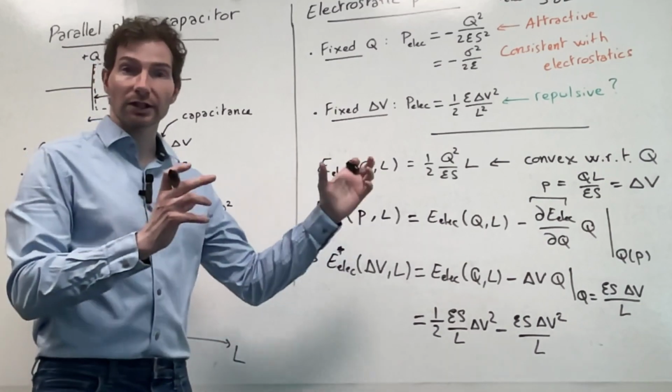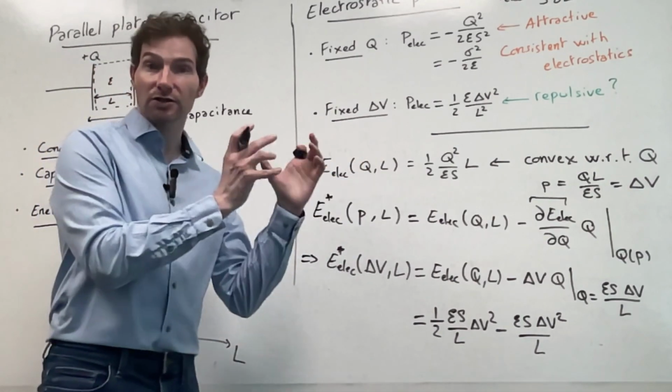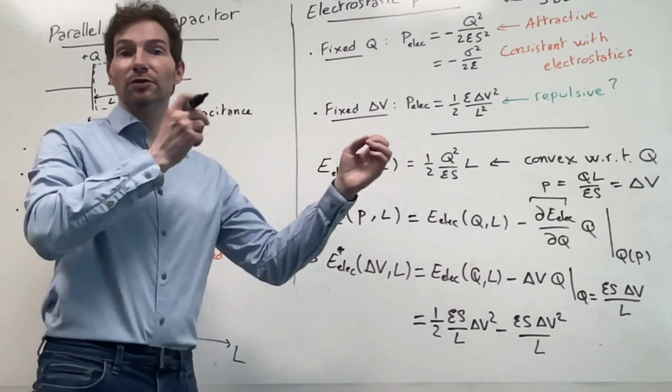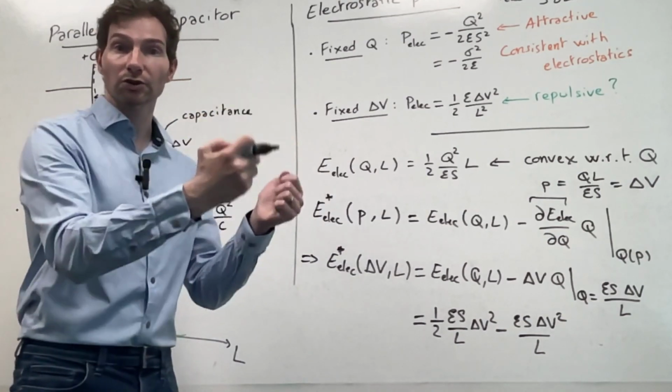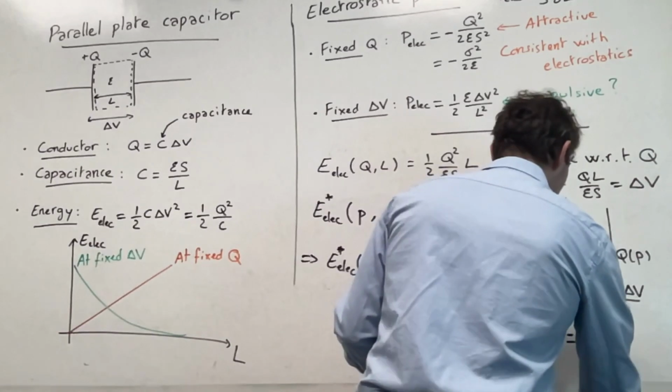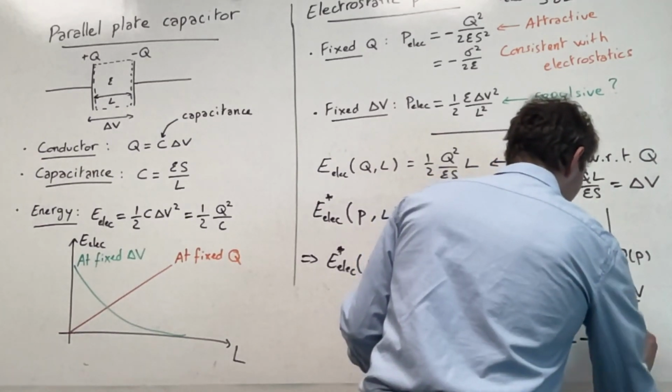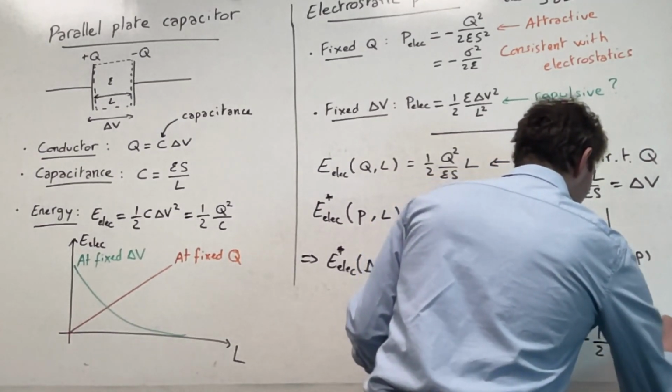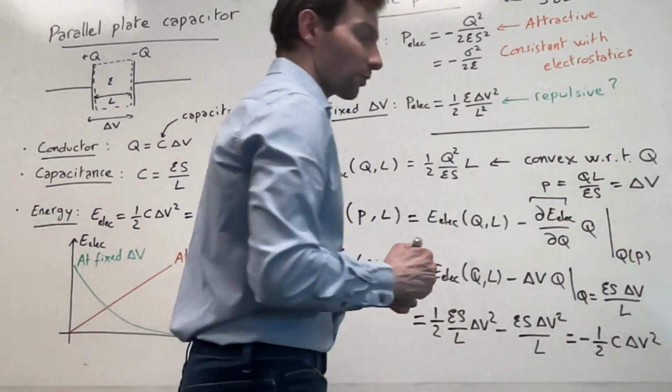So again, this is describing the same function, simply with a different variable, which is the one you're going to control experimentally. It's actually minus half of C delta V squared. Okay, so that's the real one to be using.